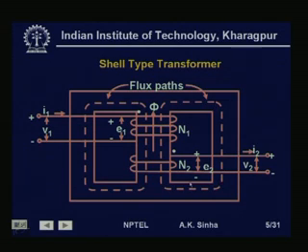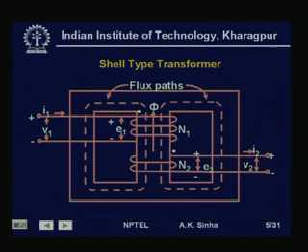Normally, we use steel, especially cold rolled grain oriented silicon steel, because it provides lesser losses. This type of transformer, where we put the windings on the central limb and have flux paths from both sides, we call a shell type transformer.